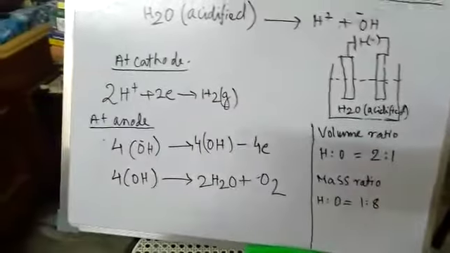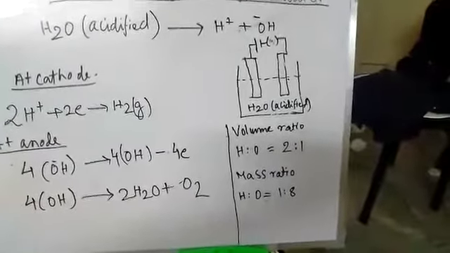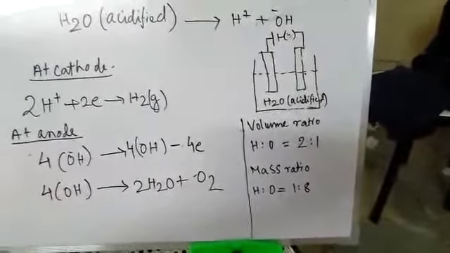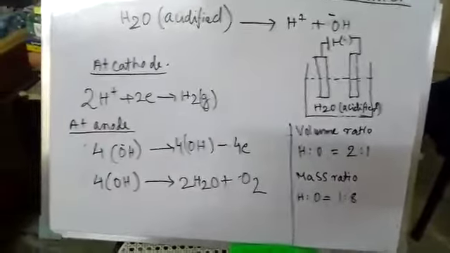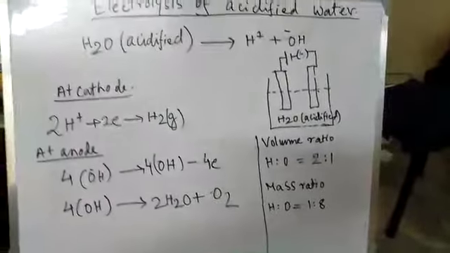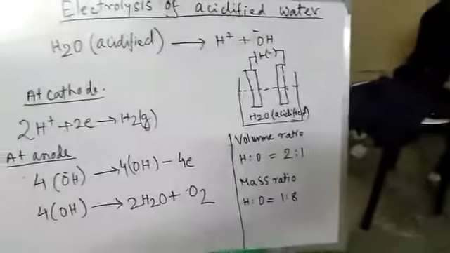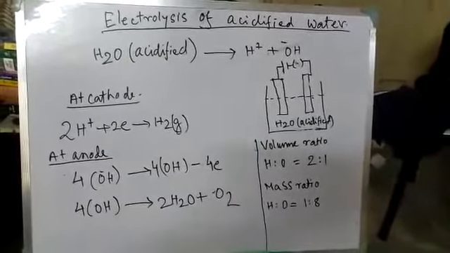That means if 1 gram of hydrogen is produced at the cathode, the amount of oxygen produced at the anode will be 8 gram. I think it's clear to you all what the electrolysis of acidified water is.